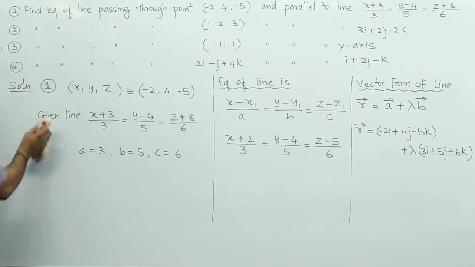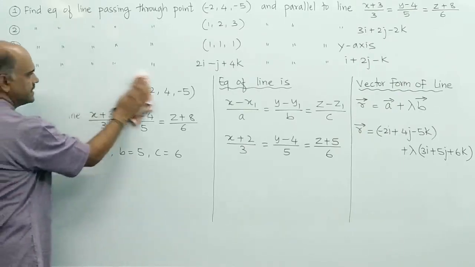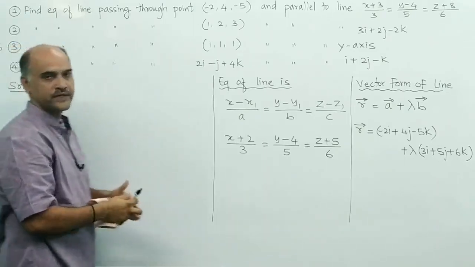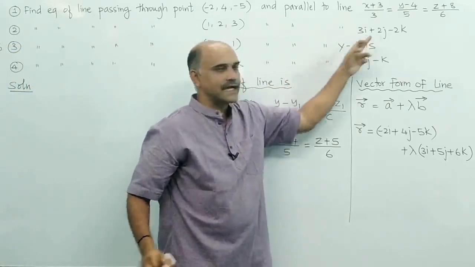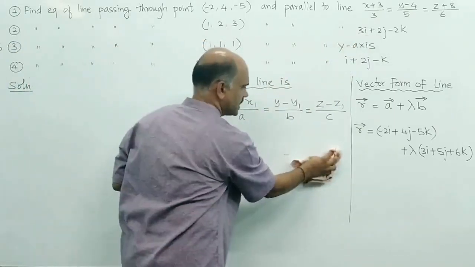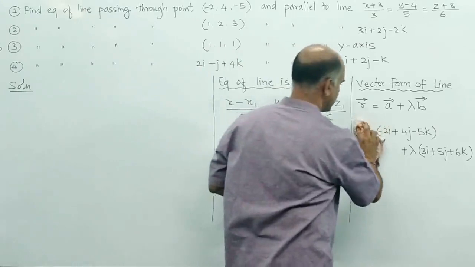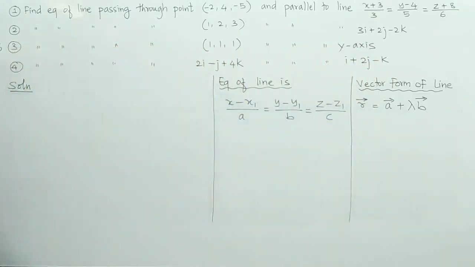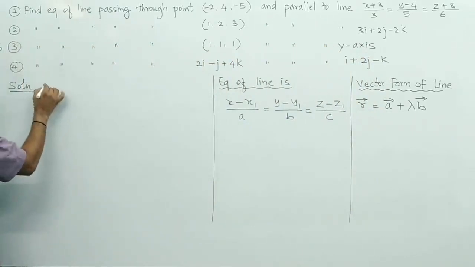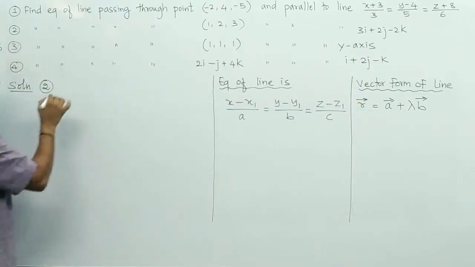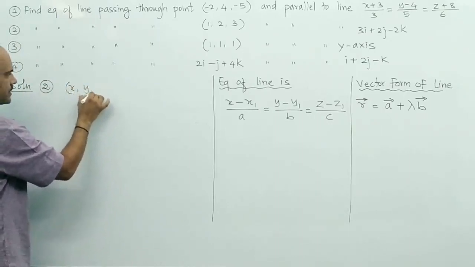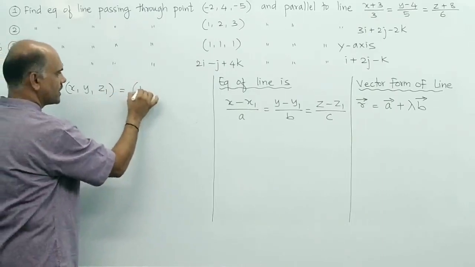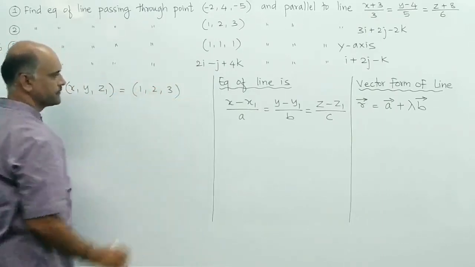So in second problem, just a little has changed. Given line, instead of giving in Cartesian form, in second problem he has given line in vector form. So for second one, x1, y1, z1, you can take, tell me x1, y1, z1 is correct. 1, 2, 3.